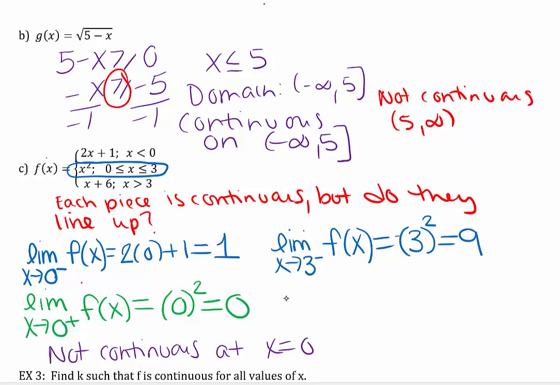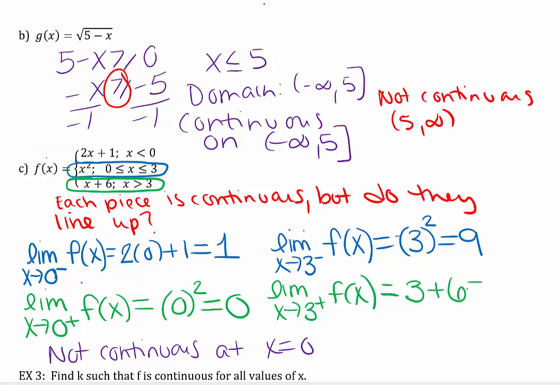If I approach x equals 3 from the right, my x values are now just a little bit larger than 3, and now I'm using that bottom piece. And I'm going to plug 3 into the x plus 6. Oh, and that also gives me 9. Because I got the exact same number here, because these limits are the same, that tells me that the two pieces line up.